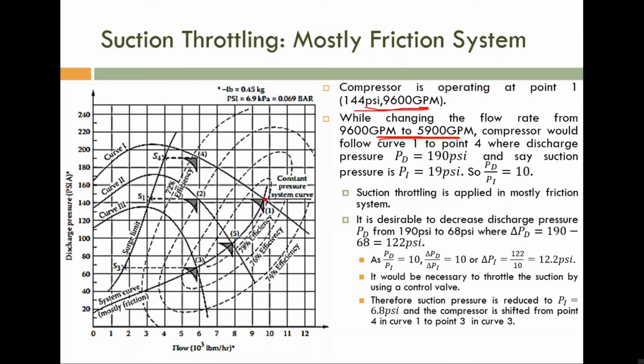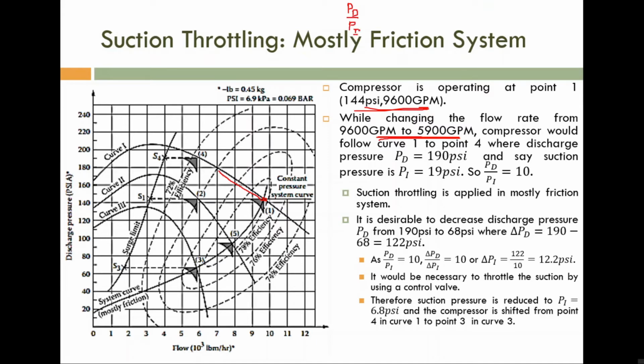As the compressor is operating with curve 1, what will happen? The operating point will follow curve 1. With respect to the decrease in flow rate, the compressor ratio will change. If suction pressure Ps is constant, then PD is changing.